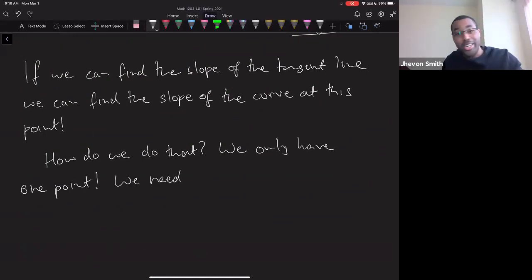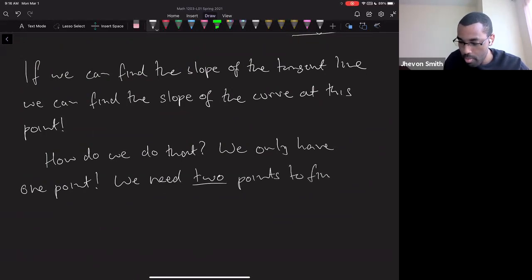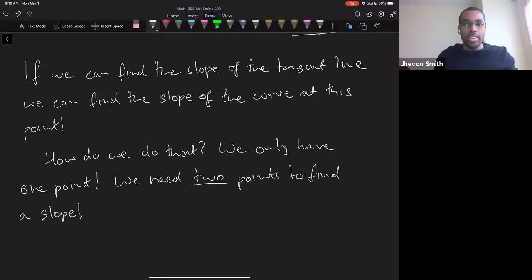Every schoolboy knows we need 2 points to find a slope. You need the x2 and the y2 to go along with the x1 and the y1, right? You can't just have an x1 and a y1. How are you going to get a slope from that? You don't know what the rise over run is.